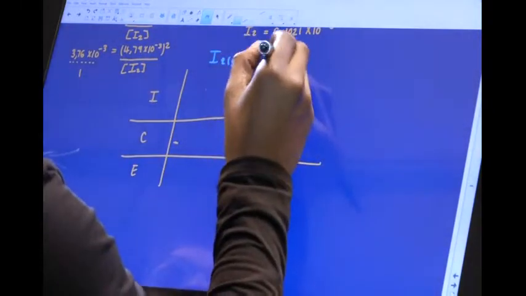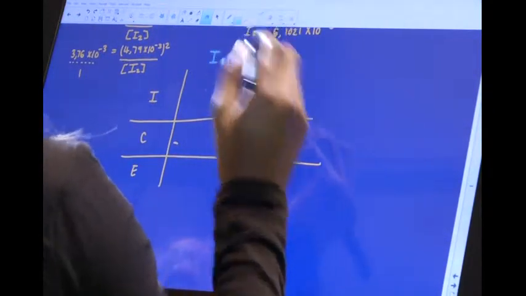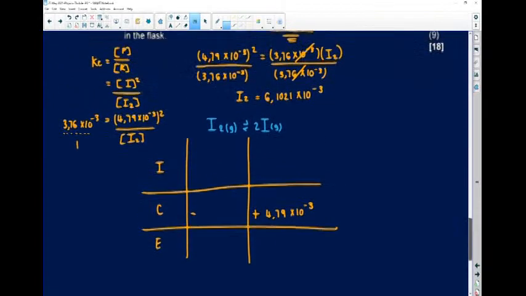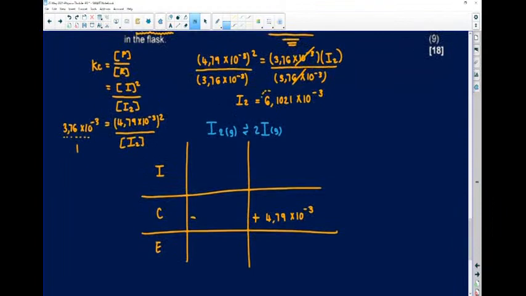I was told that my I at equilibrium was 4.79 times 10 to the negative 3. Now remember, I just calculated my equilibrium concentration for my I2, which is here. So I'm going to say 6.1021 times 10 to the negative 3, right?